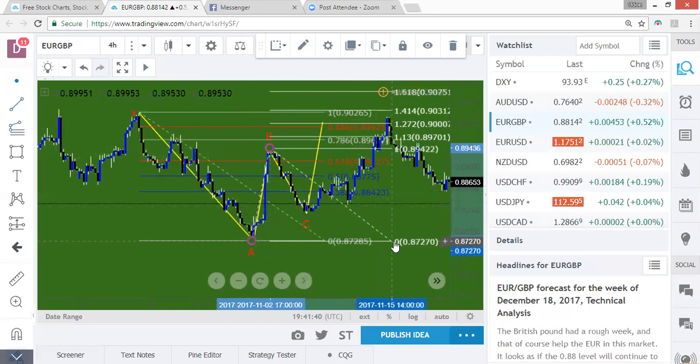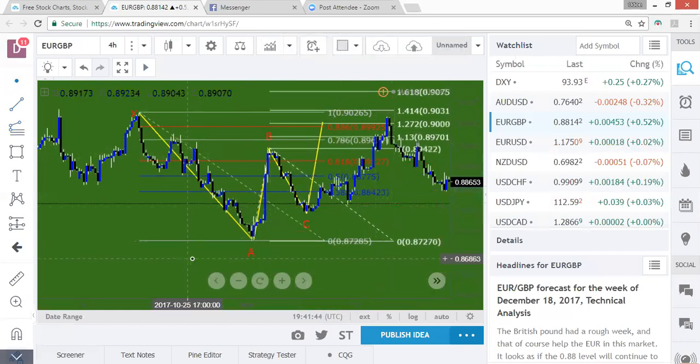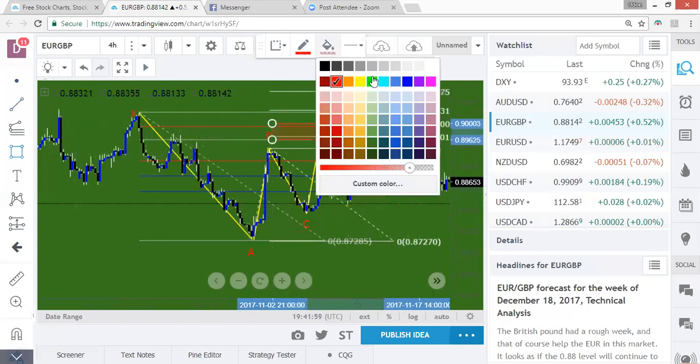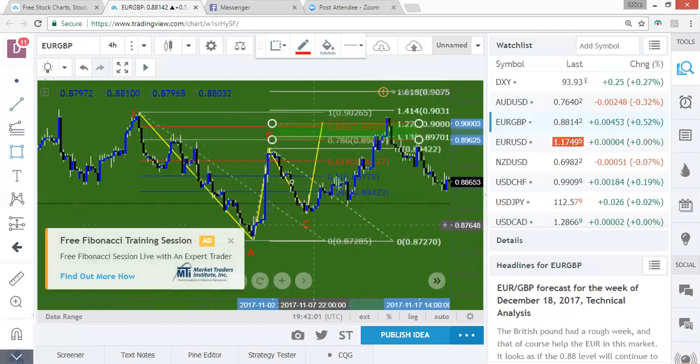In that case, we break out a Fibonacci extension. A little bit off. And we would have been looking for price to make it to this zone in between the 786 of our XA move and the 127 of our AB move extension.